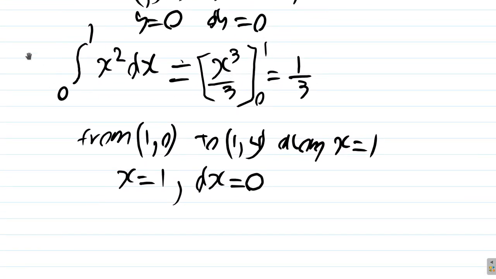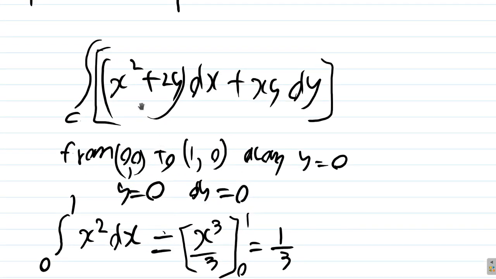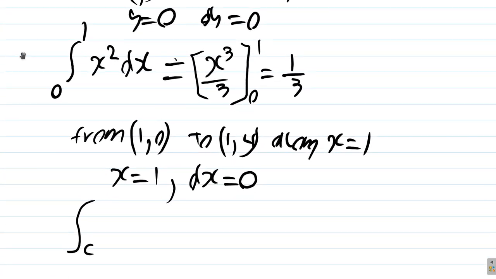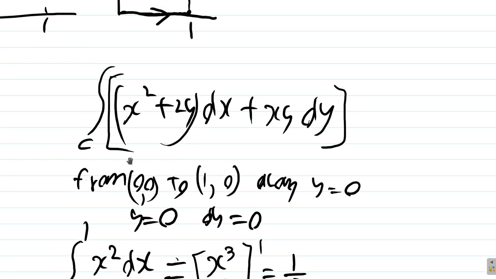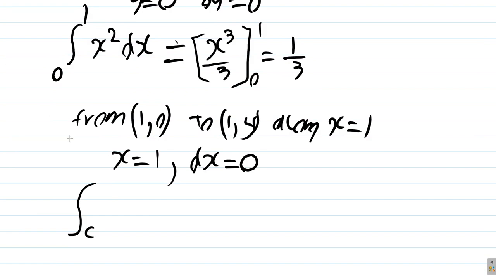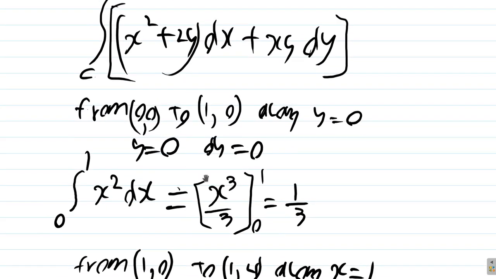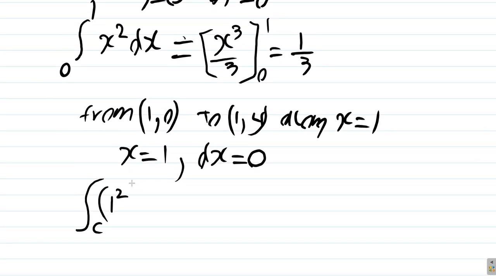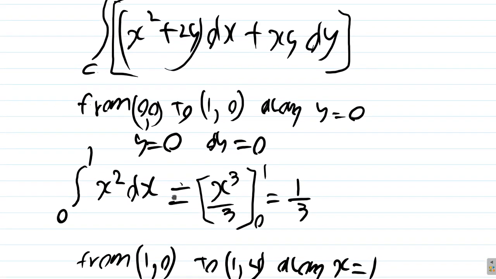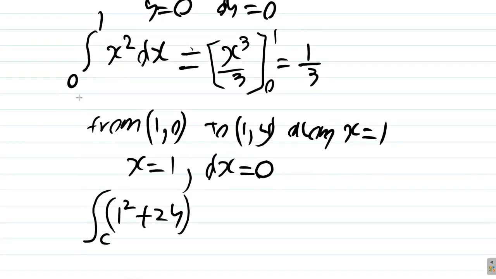So here we're integrating along the curve where x is 1, so it's 1 squared plus 2y dx, but dx is 0.